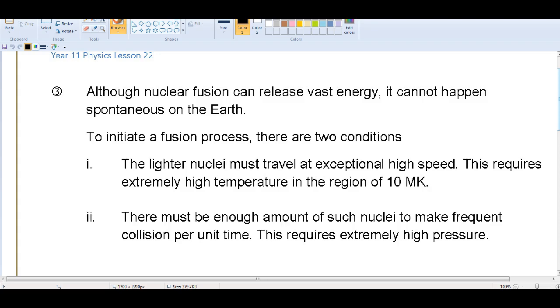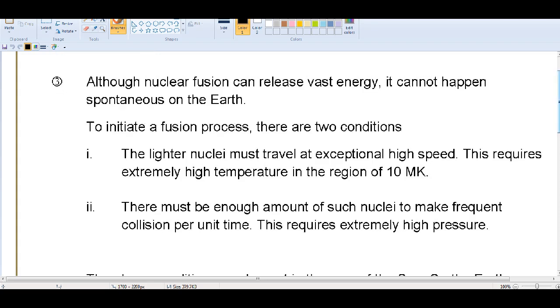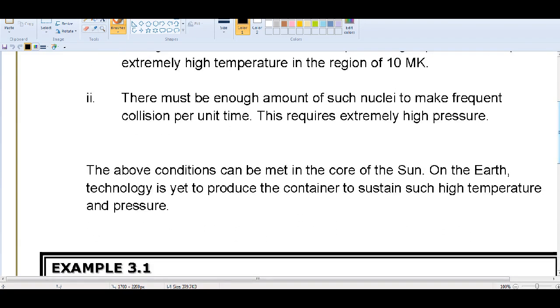Simply put, the two conditions are high temperature and high pressure, and these conditions are very demanding. With our technology so far, we can't design a container to withstand such high temperature and high pressure.